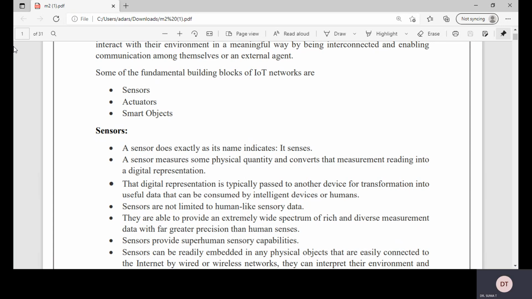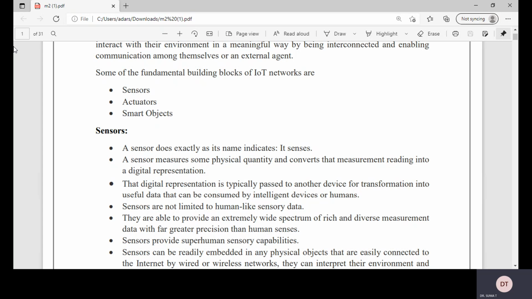More specifically, a sensor measures some physical quantity and converts that measurement reading into a digital representation. That digital representation typically passes to another device for transformation into useful data that can be consumed by intelligent devices or humans.